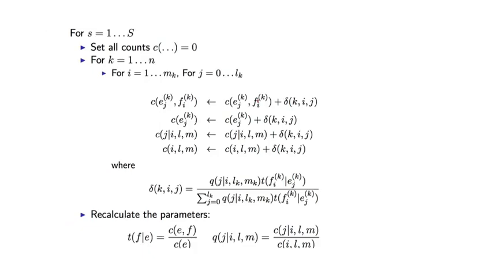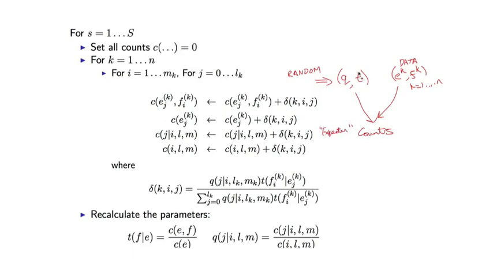So to recap, if we go back to this algorithm, again I'm going to show you this diagram just to remind you of this. We start off with some initial values for the Q and T variables, and we also have our data. So this consists of E k, F k for k equals 1 to n. From these two inputs we calculate counts, and these are often referred to as expected counts.